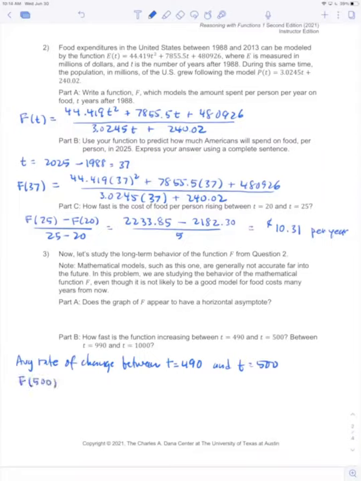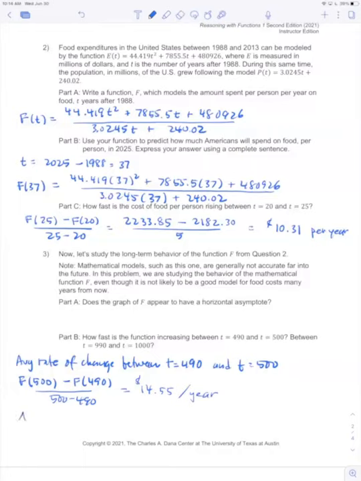We're going to do the same thing that we did in the last question. f(500) minus f(490) over 500 minus 490 is going to give us 1455 per year, and that's in dollars.